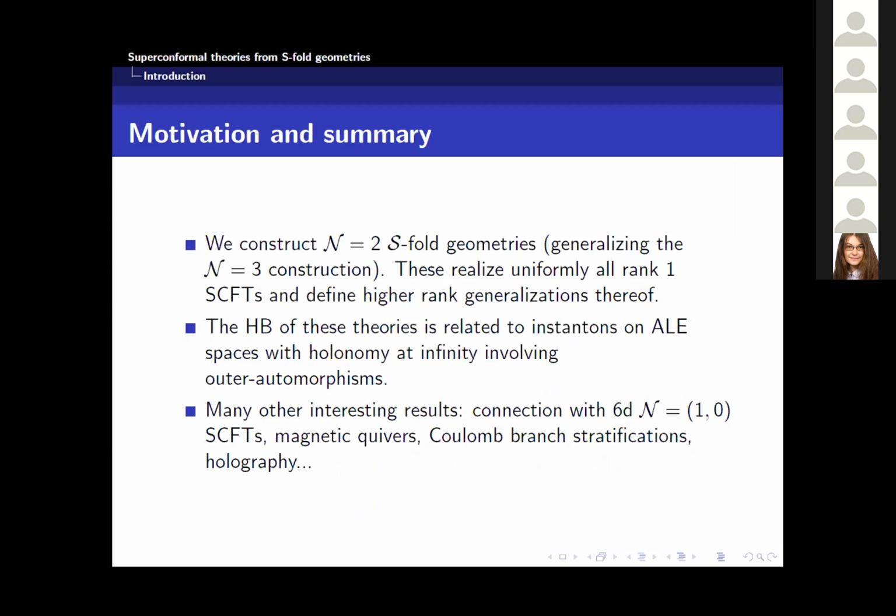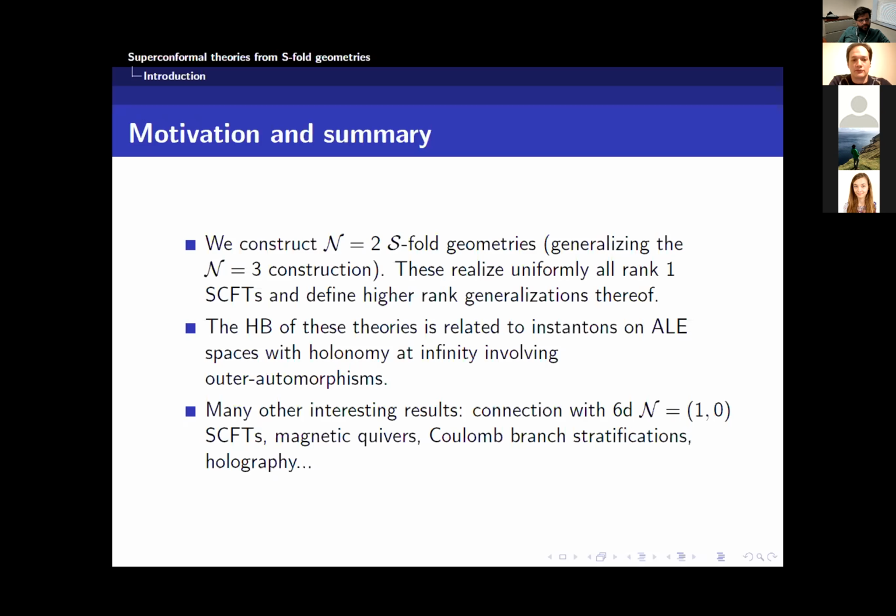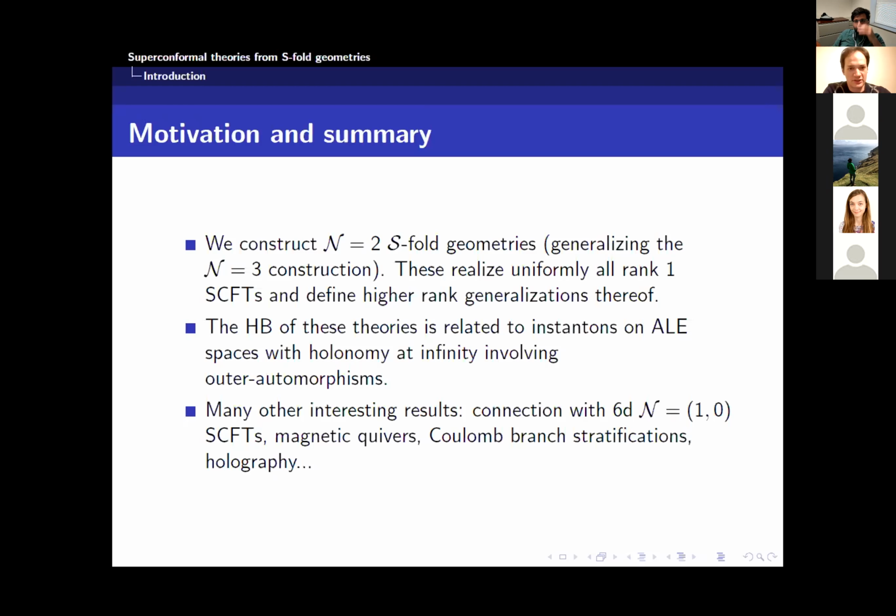These have been used to provide the first explicit examples of N=3 theories, which were believed not to exist until not long ago. Since this already gives some non-trivial results from the QFT standpoint, it's natural to ask how to generalize the construction to less supersymmetric setups and see what kind of theories we get.